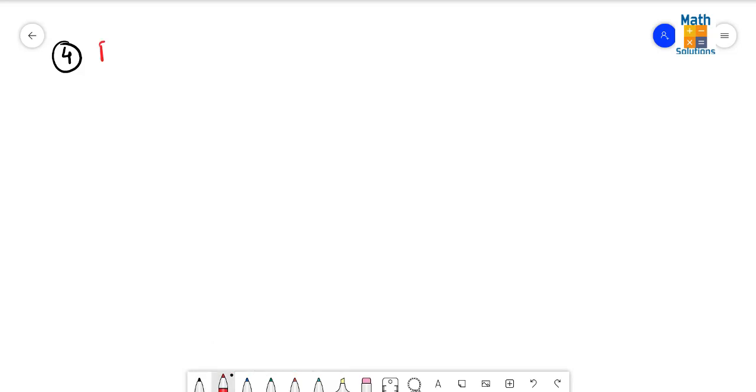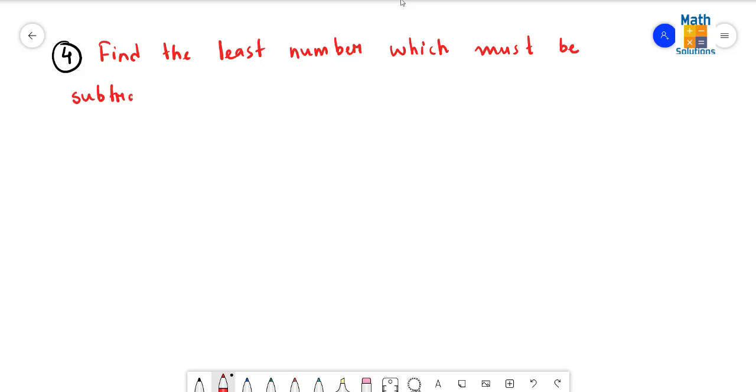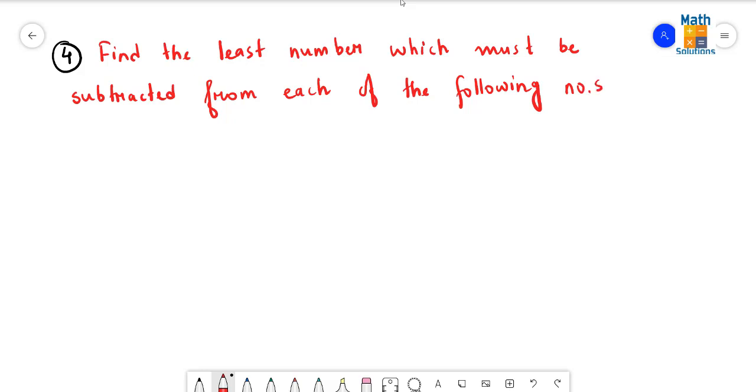Find the least number which must be subtracted from each of the following numbers so as to get a perfect square.